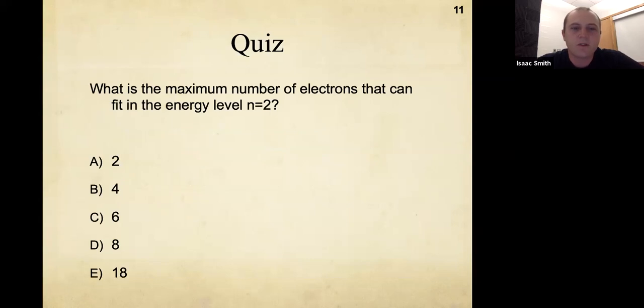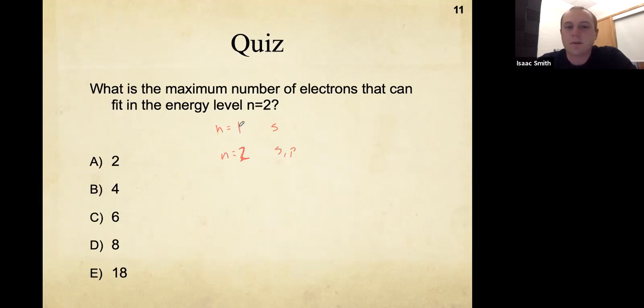Okay. So what's the maximum number of electrons that can fit in the energy level n equals 2? So we can pull this from a diagram that we had earlier in the PowerPoint. But really what we need to remember is at the n equals 1 energy level, we have the s sublevel. At the n equals 2 energy level, we have the s and we have the p sublevels.